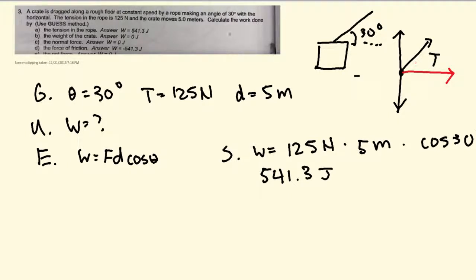So since the force of gravity is perpendicular to our direction, that means there is no work being done. So for the work from the crate, it's going to be 0 joules. And C, the normal force, is pretty much the same. It's perpendicular, so it's going to be 0 joules.